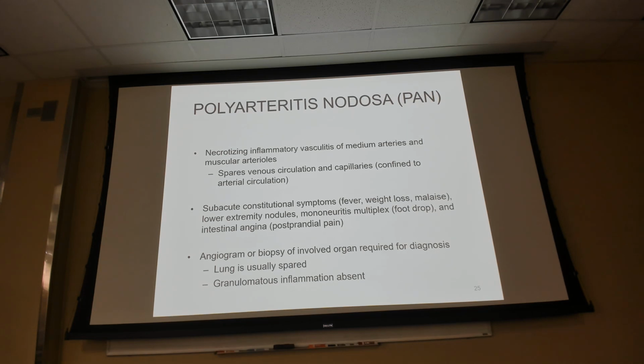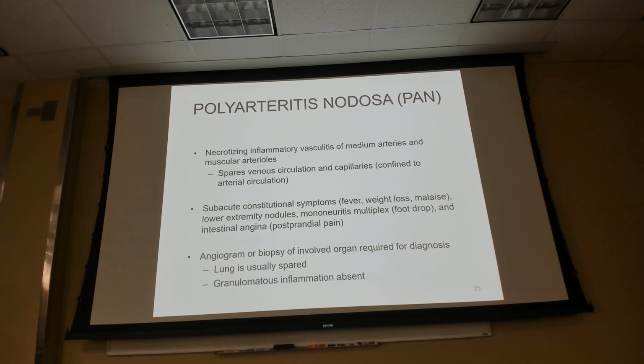So if you're looking at all of this stuff, these ones coming up are the good ones, okay? Necrotizing inflammatory vasculitis of medium arteries and muscular arterioles. Spares the circulation and the capillaries. So this is what is causing the signs and symptoms.